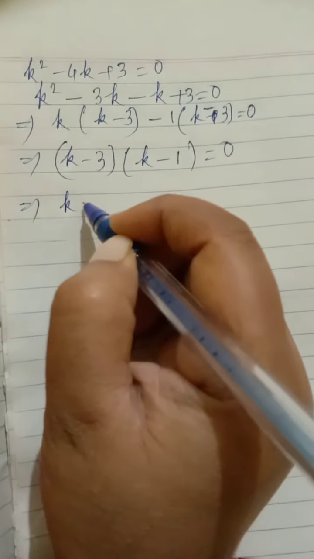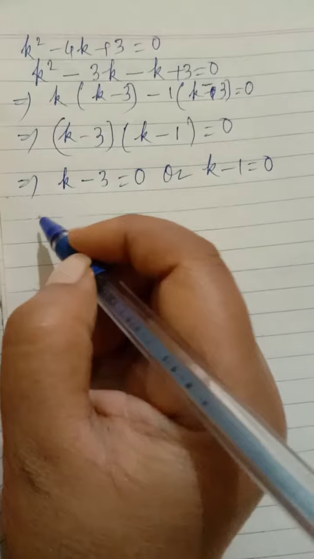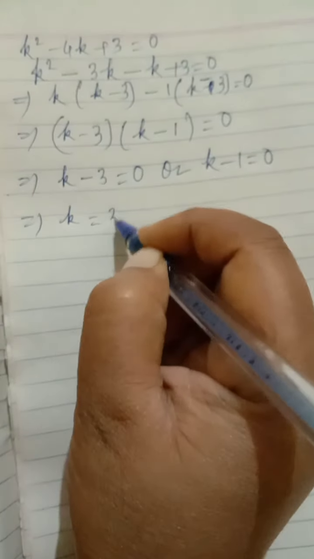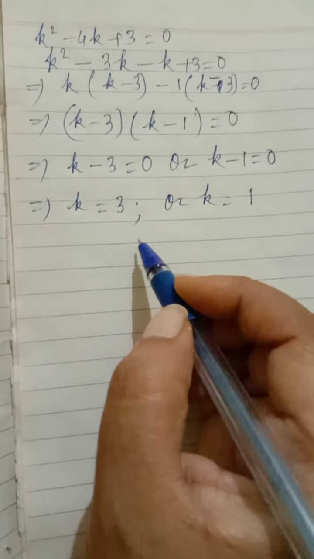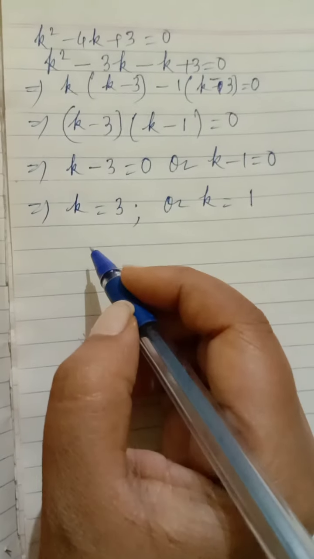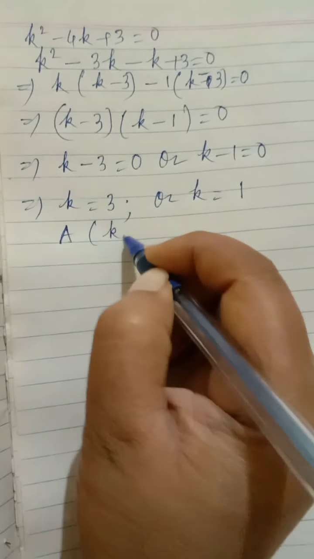So this implies k minus 3 equals 0 or k minus 1 equals 0. So k equals 3 or k equals 1. We have got two values of k: one is 3, another is 1. Now the point which we had taken, A, was (k, 2k).